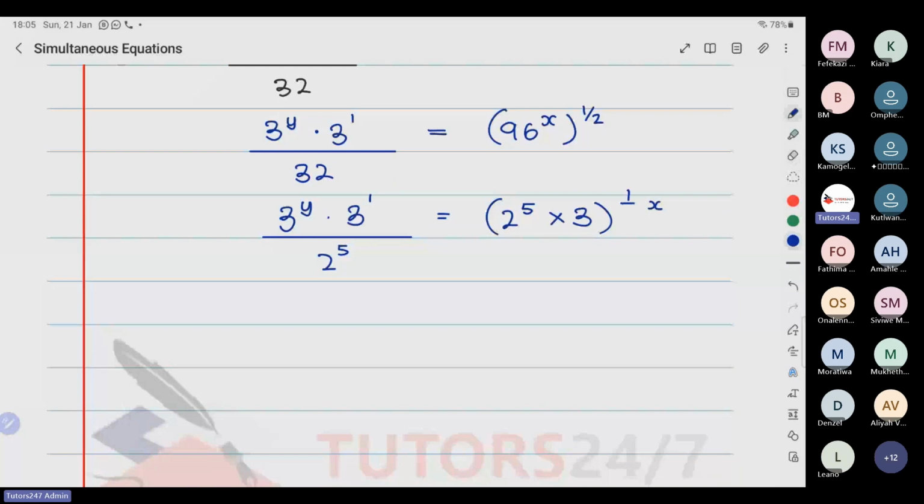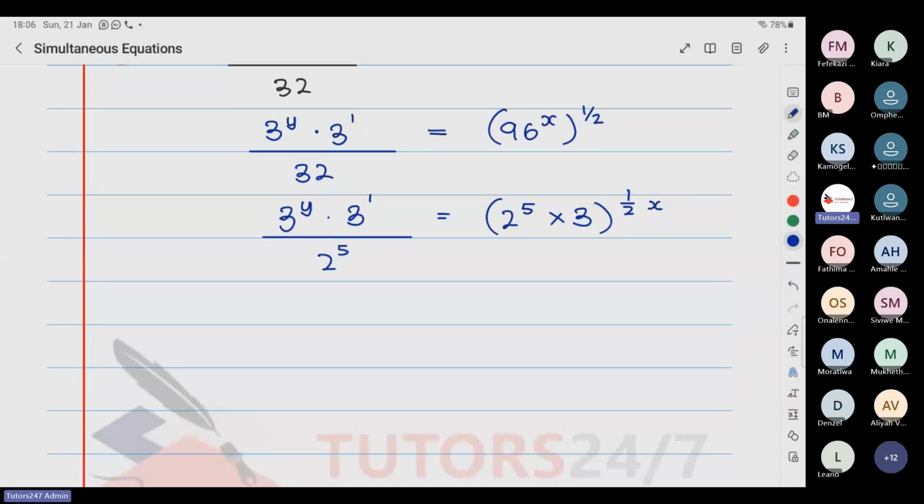All I did was I multiplied x and a half. Remember the rule that we discussed earlier: when you raise a power to another power, when you raise an exponent to another exponent, all you need to do is multiply the exponents.